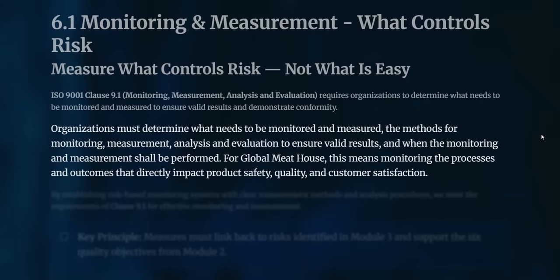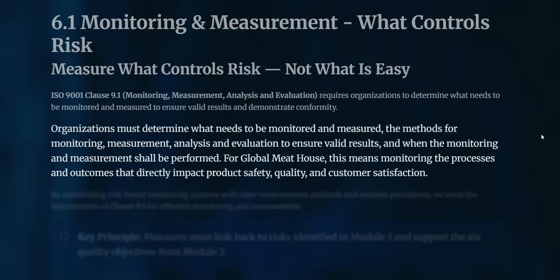Organizations must determine what needs to be monitored and measured, the method for monitoring, the method for measurement, and the method for analysis and evaluation to ensure valid results, and when the monitoring and measurement shall be performed.